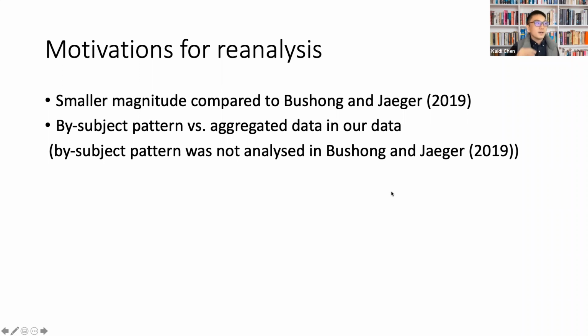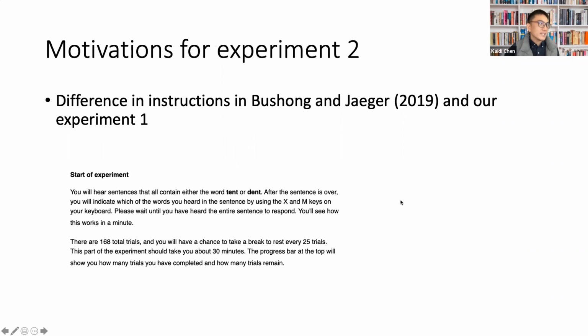And also by the communication with them, we also realized that the instructions for the experiments really matter. It will kind of promote listeners' responses to either more semantic or phonetic. So we did a second experiment. So the major thing here is to look at the instructions. This is their instructions.